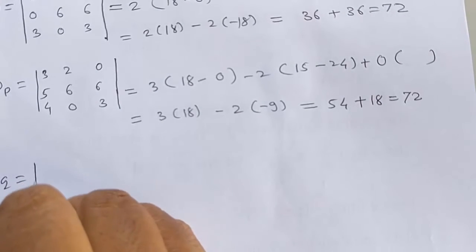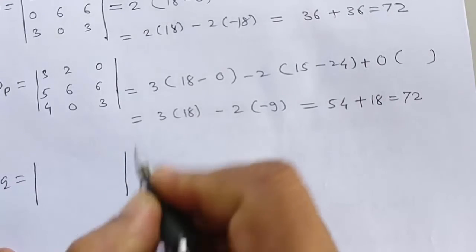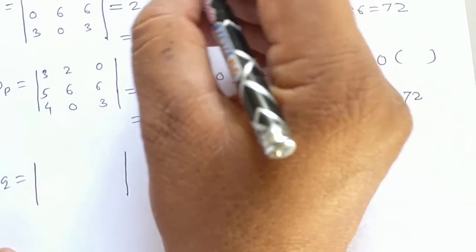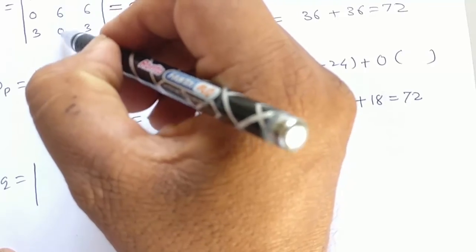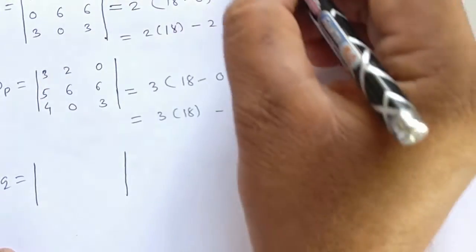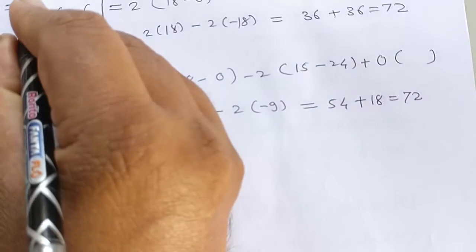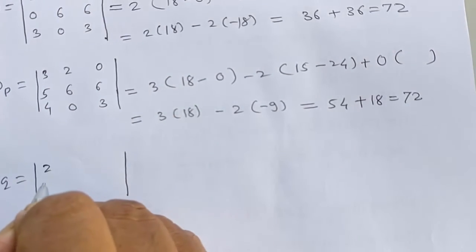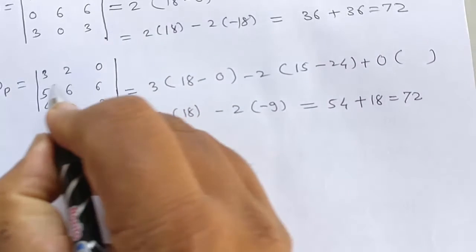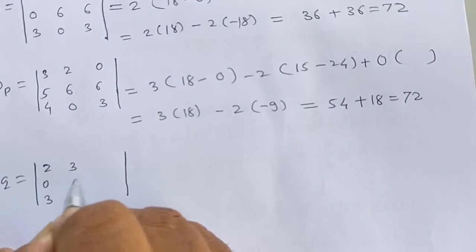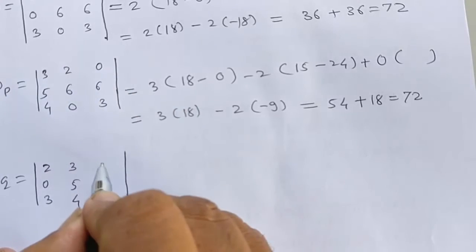dQ is obtained from the determinant D by replacing the coefficients of Q, that is 2, 6, 0, by the constants 3, 5, 4. So the first column is the same as it is, 2, 0, 3. The second column is replaced by 3, 5, 4. The third column is the same.